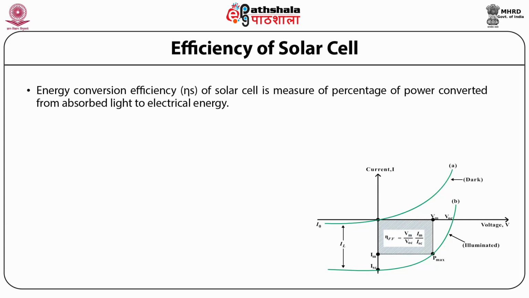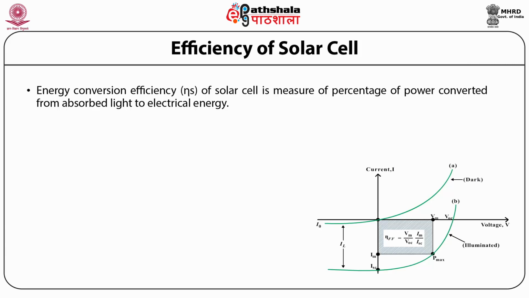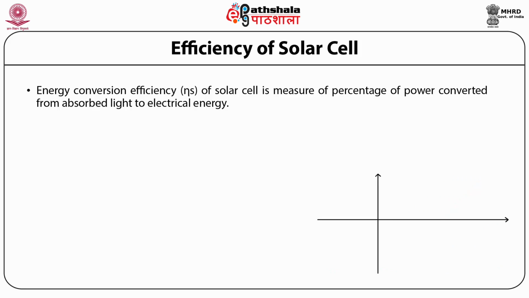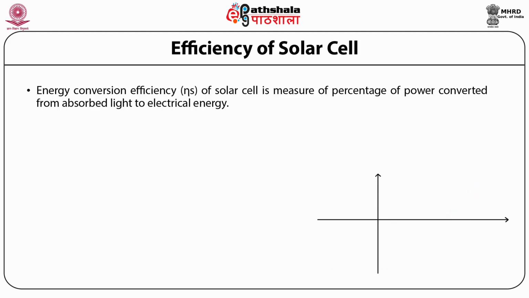The efficiency of a solar cell. Energy conversion efficiency, or eta-S, of a solar cell is a measure of the percentage of power converted from the absorbed light to electrical energy.